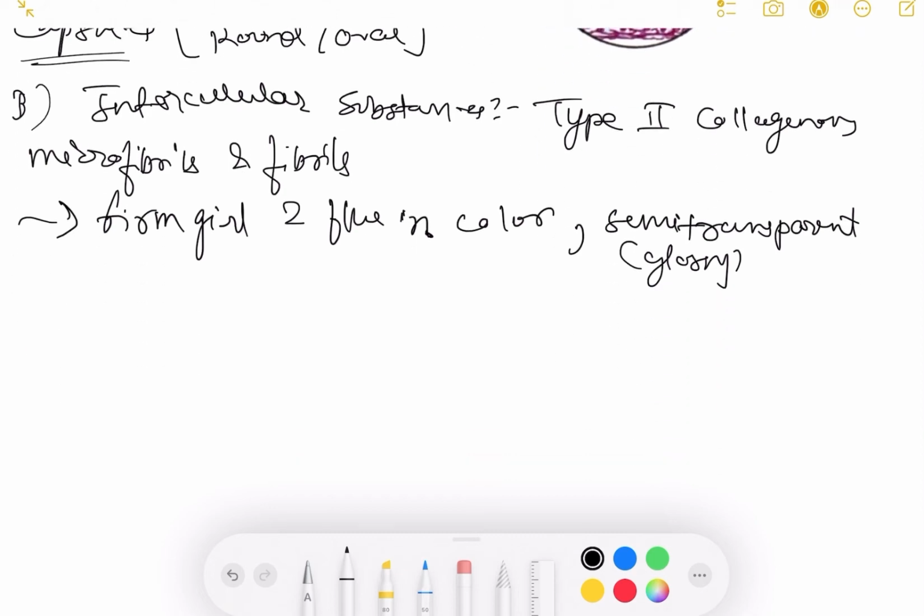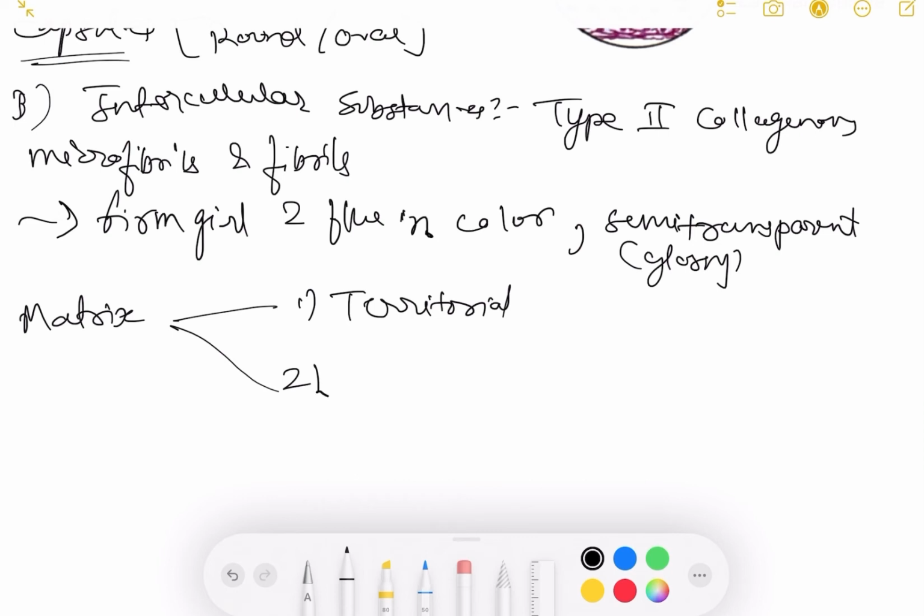Now, if we talk about the matrix of the hyaline cartilage, it has two types: one is territorial, another is interterritorial. Territorial is what?